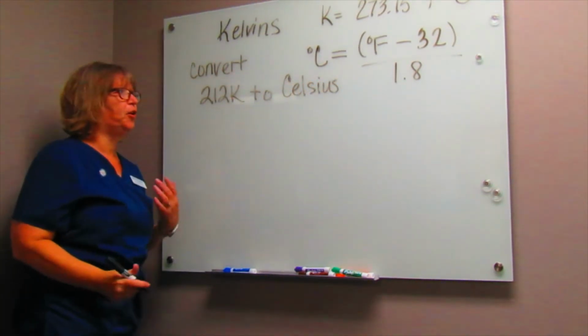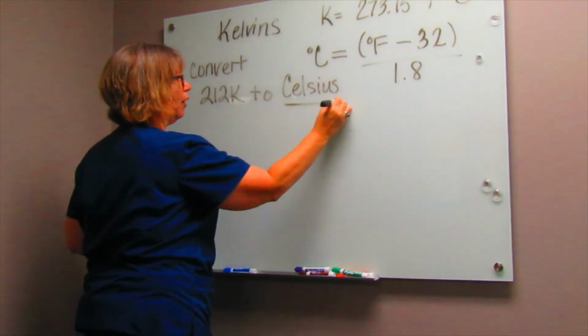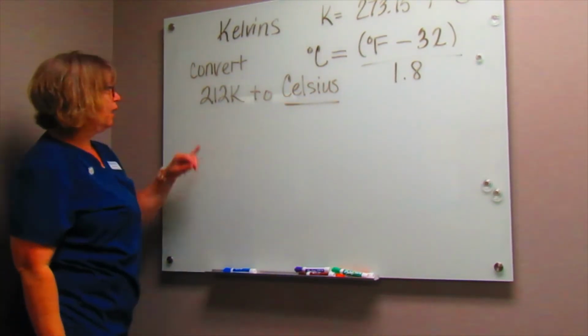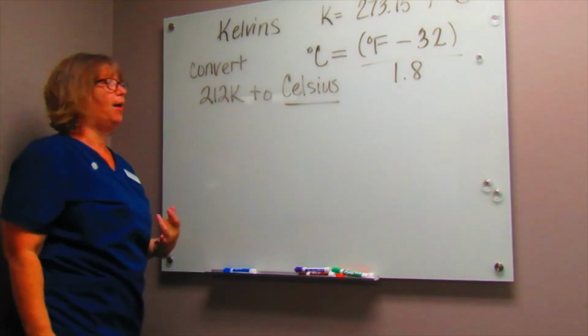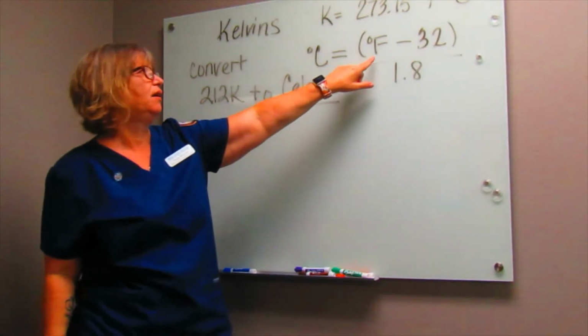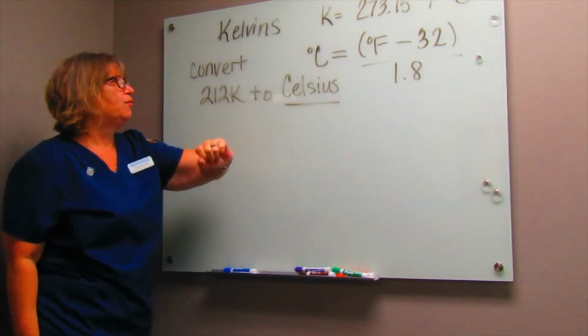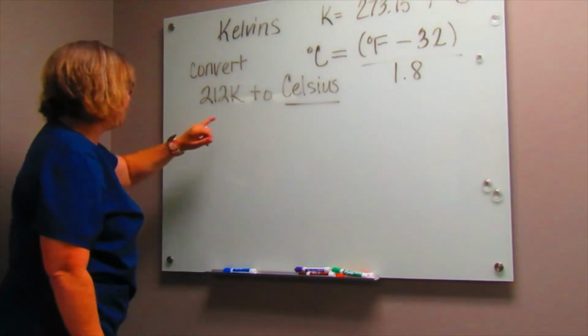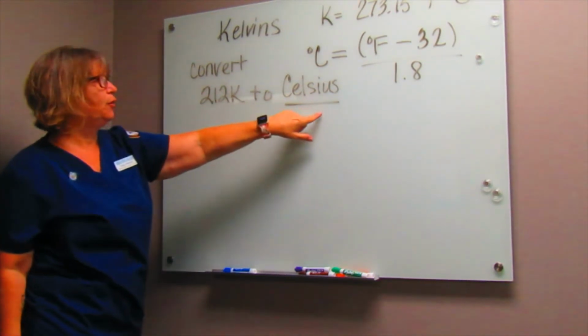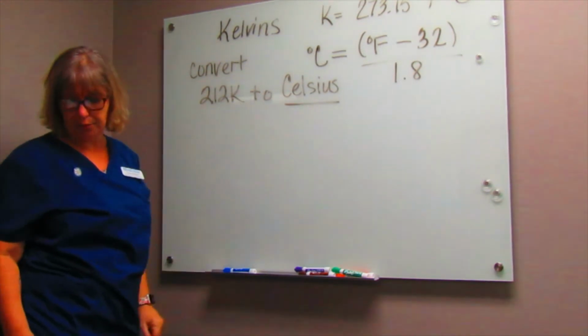And being from the United States, we don't use a lot of temperatures in Celsius. Kelvins are primarily used in the lab. We mostly deal with Fahrenheit. So this is good information to know. So we take our 212 kelvins, we want to convert them to Celsius, okay?